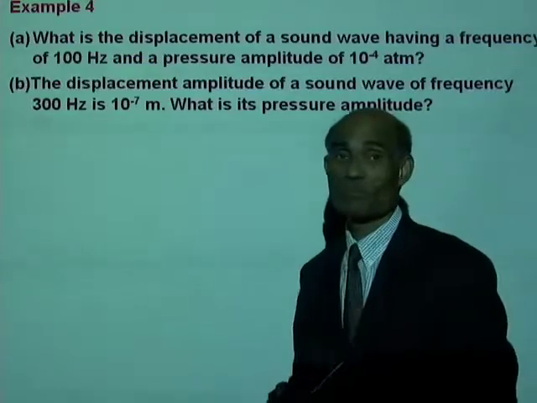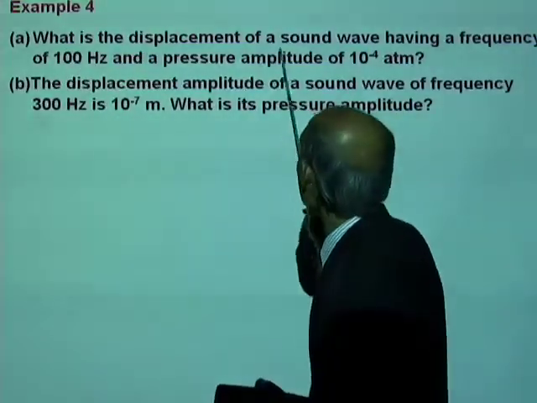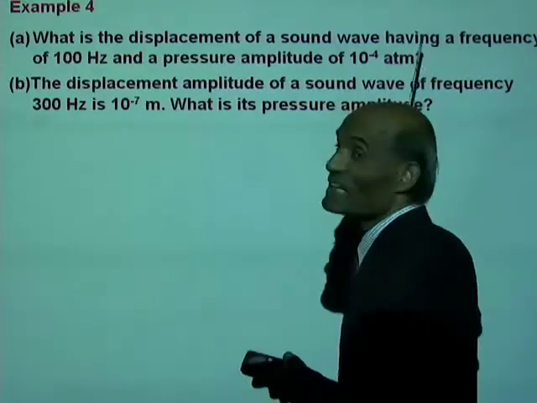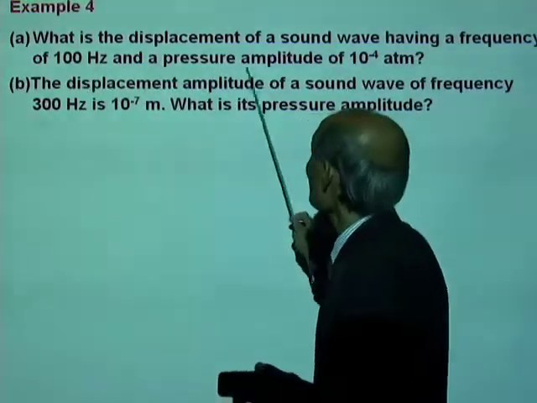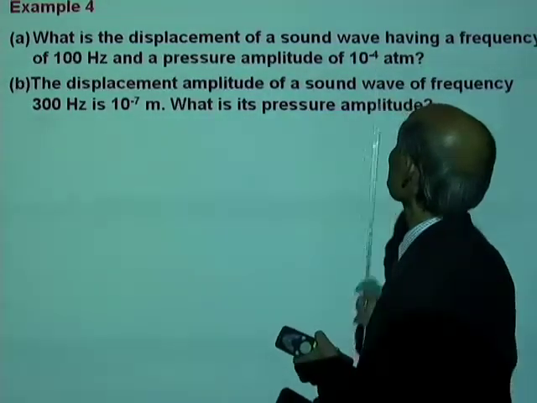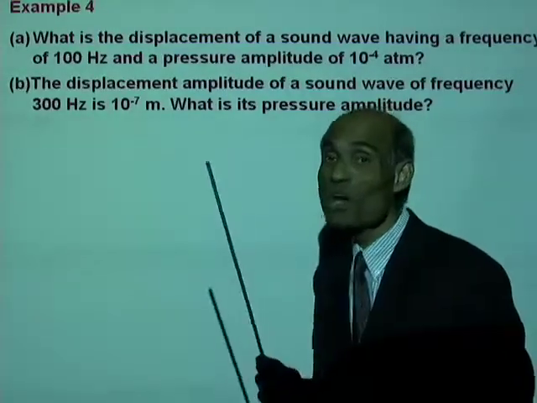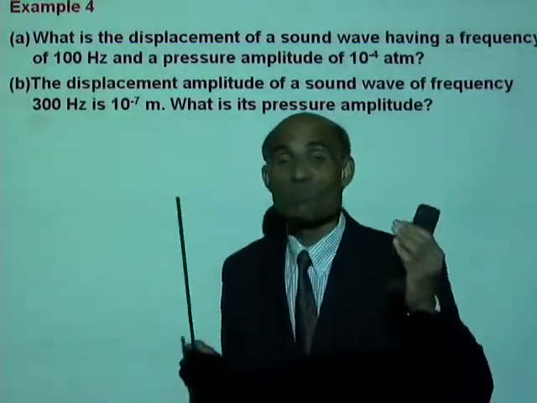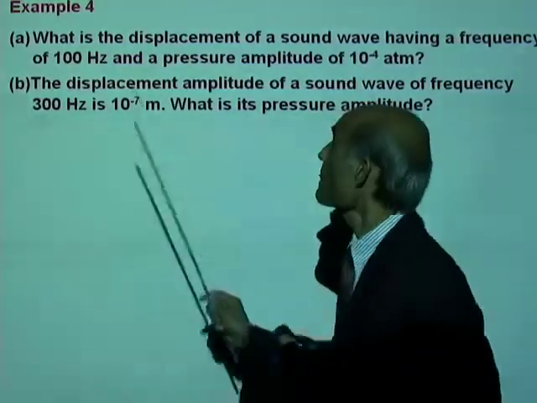Alright, let's do another problem. Example 4. What is the displacement amplitude of a sound wave having a frequency of 100 Hertz and a pressure amplitude of 10 to the power of -4 atmosphere? Well, you know there is a relationship between pressure amplitude and displacement amplitude.